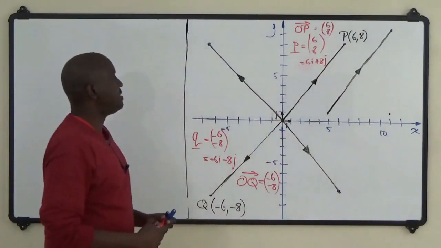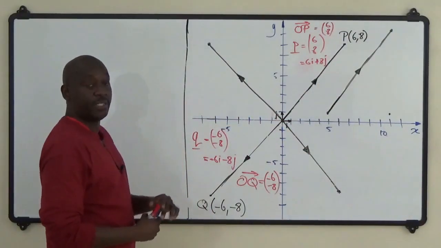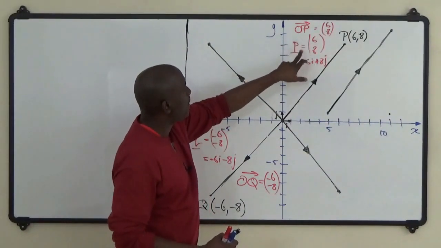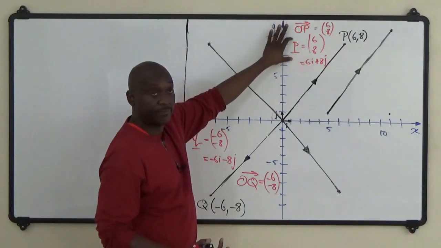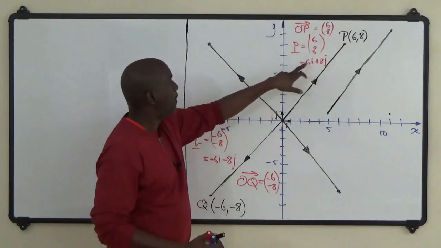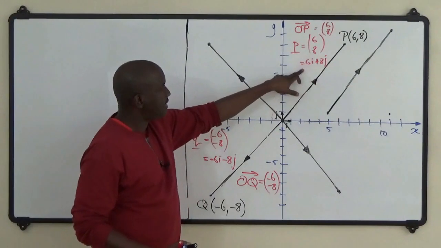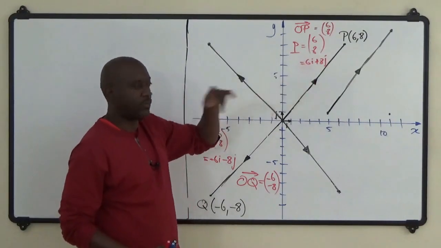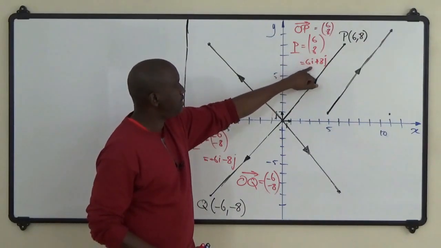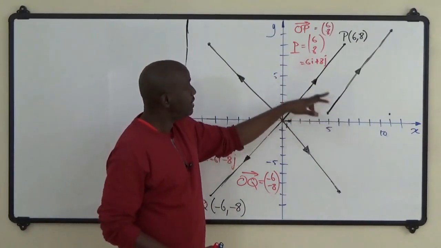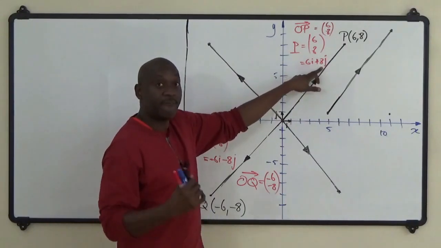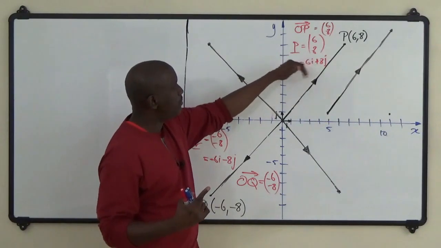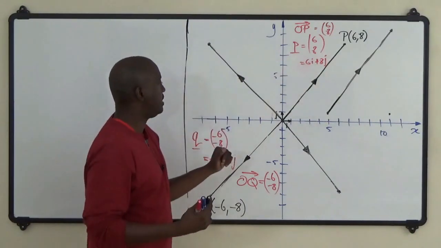So you're seeing three different ways of denoting a vector. You could write it as 6, 8, where you write it either as OP or position vector P. You choose some letter here. Or you go into the exact coordinates now, where you're dealing with the components. So in other words, the i denotes the horizontal component of the movement, and the j denotes the vertical component of the movement. So you have here the precise components of the movement, 6i plus 8j.